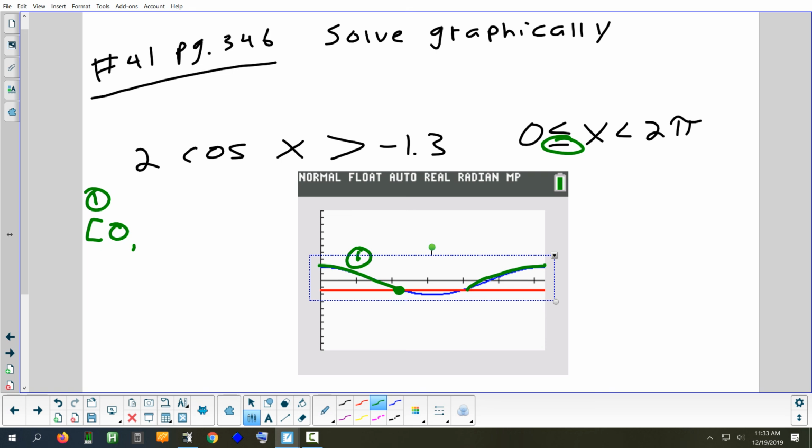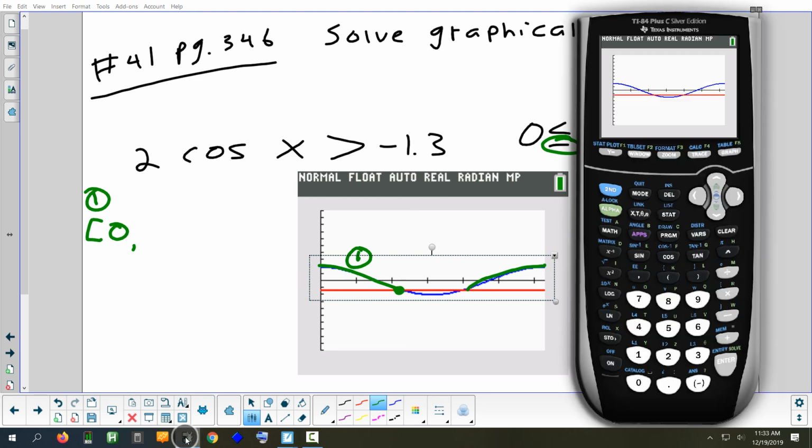Use the calculator. And do what? Just see where it intersects. Yes. Calculate the intersect. Second calc, intersect. Okay, so I've got the intersect, 2.28.